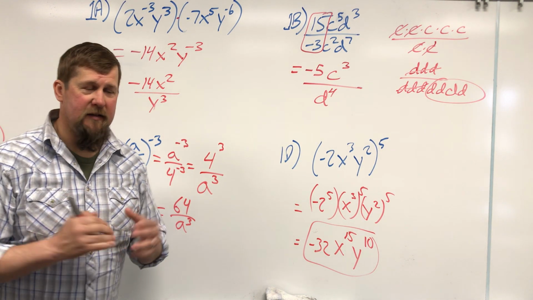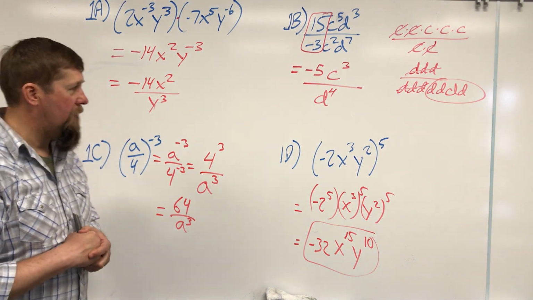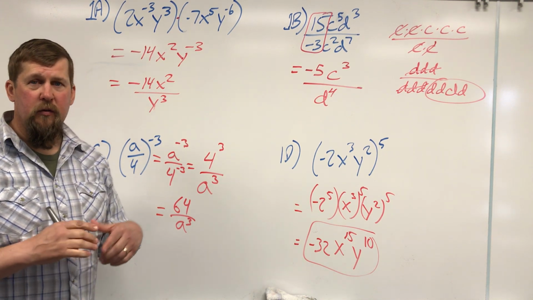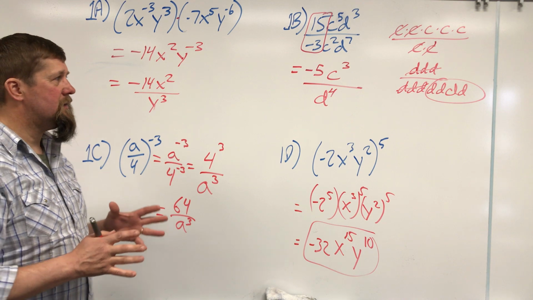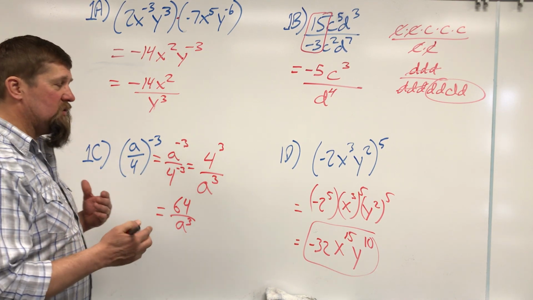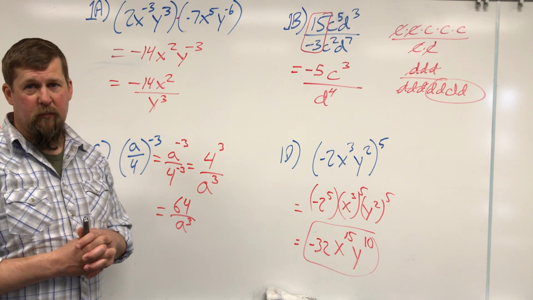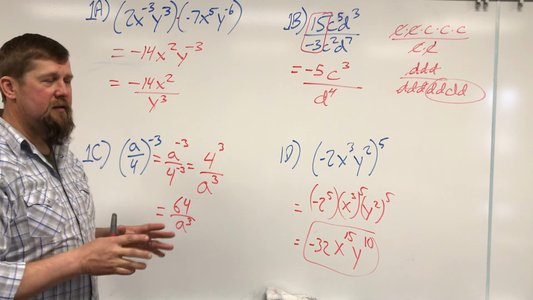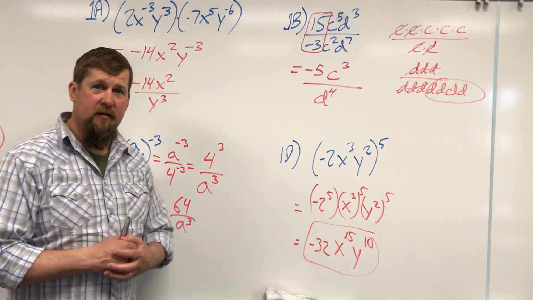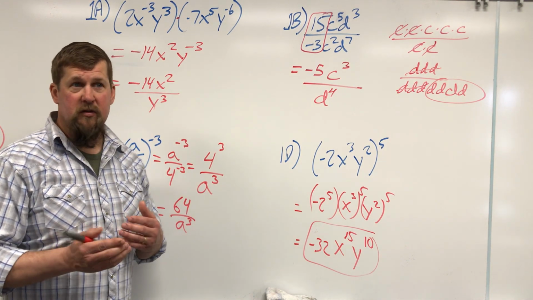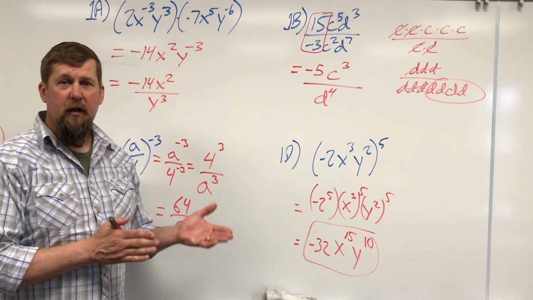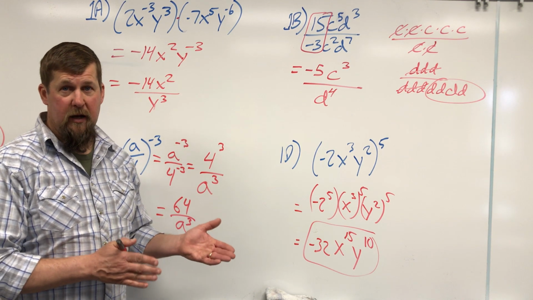There are lots of different types of problems within these exponents and properties. As you are working through the assignment, you must try to understand what you're looking for. And that's why you need to know those properties of exponents inside and out, and then what you're looking for as far as simplifying. Always keep an eye on those simplifying rules and what you need to end up with when you're done.